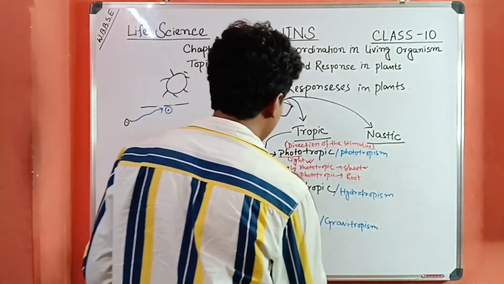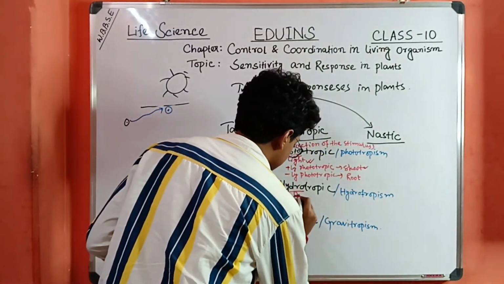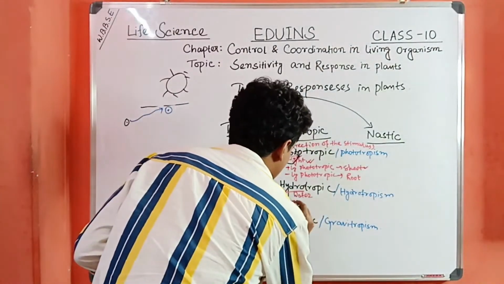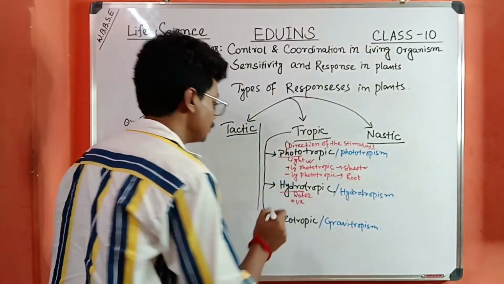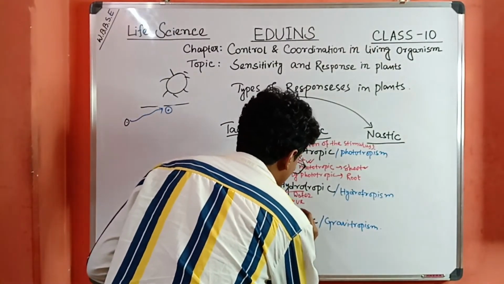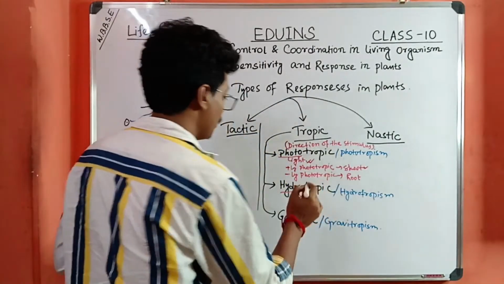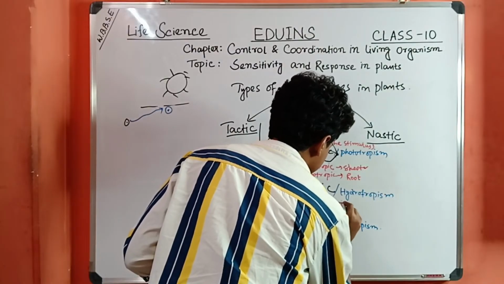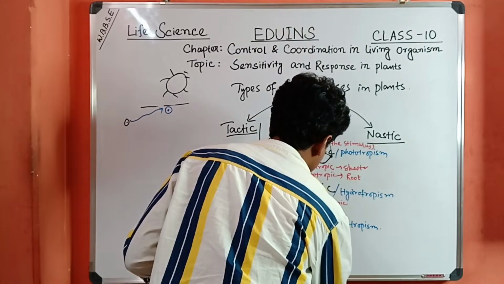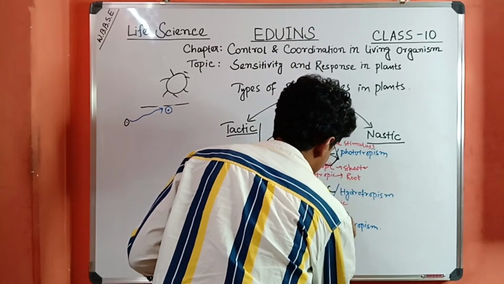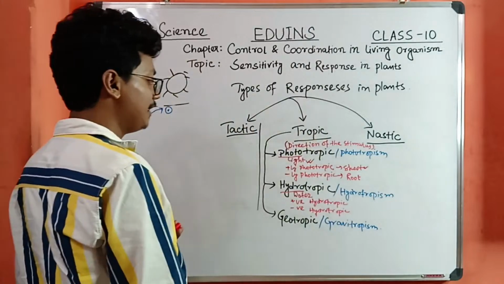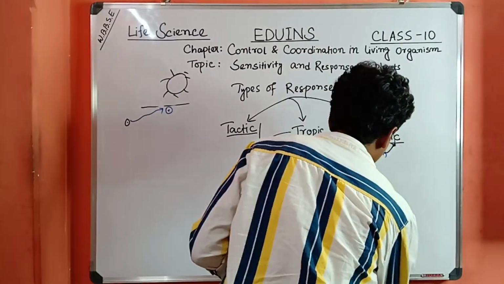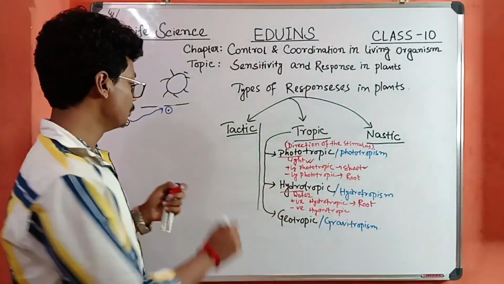Second one is the hydrotropic. Hydro means water. So here the stimulus is water. And here also shows the positively hydrotropic and negatively hydrotropic. Positively hydrotropic are, of course, root, because we know the root moves.